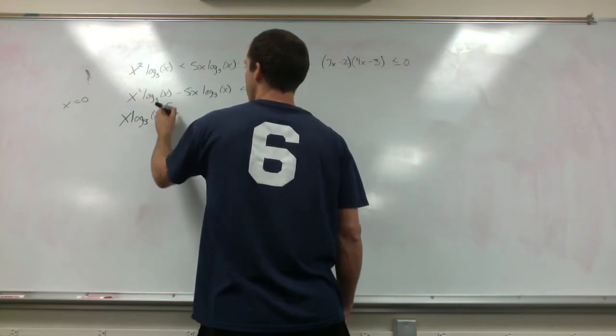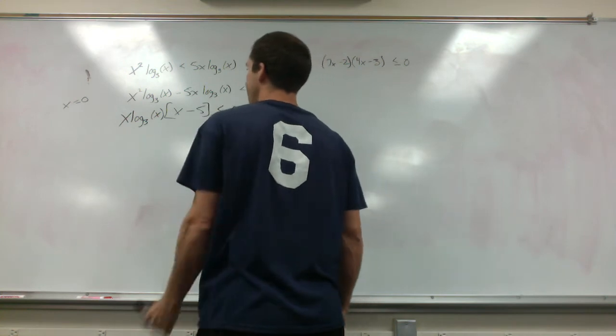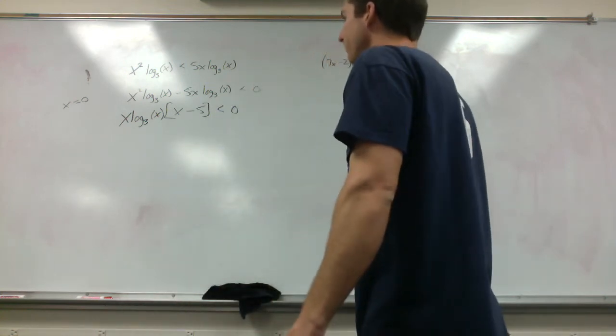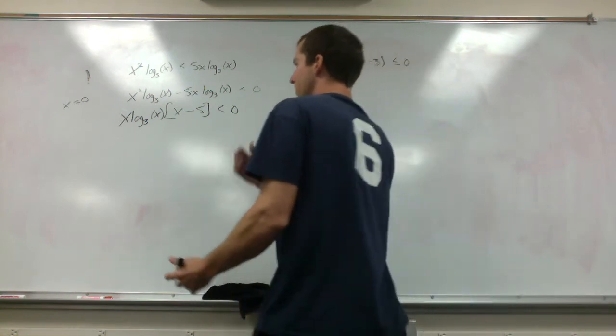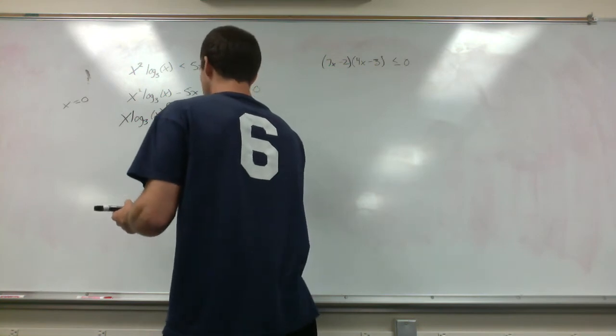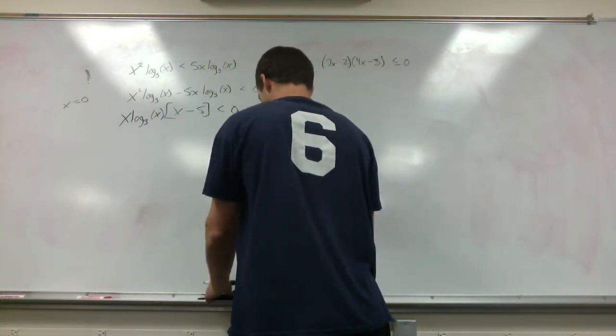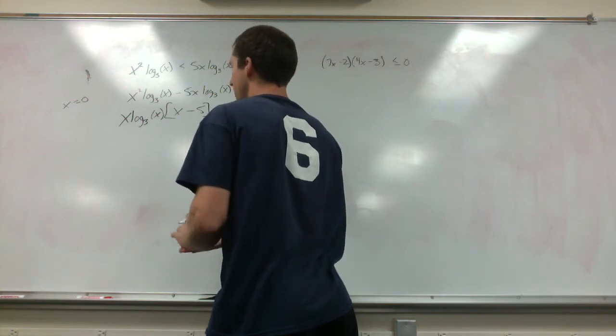We're left with x minus 5. Then I can use the zero product property to figure out the zeros of this expression on the left side.